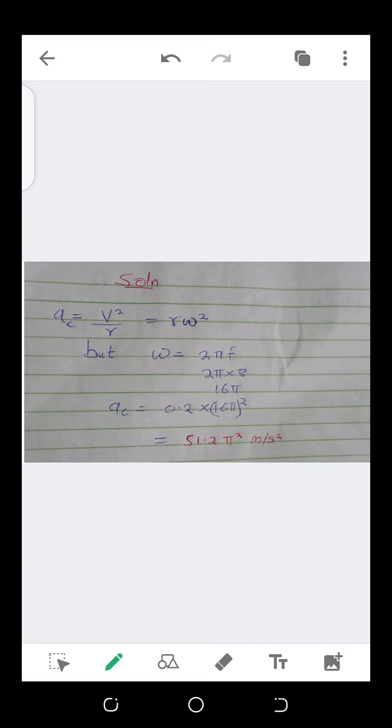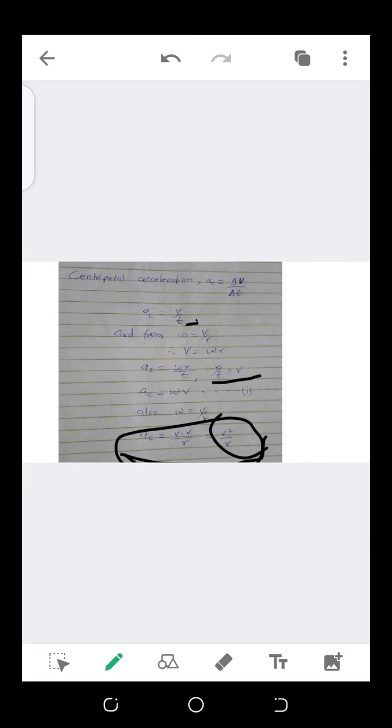Also, if I come back here, I've represented a_c equals v squared over r, and I remember our omega was v over r. If I cross multiply through the formula omega equals v over r, then my v will be omega r.